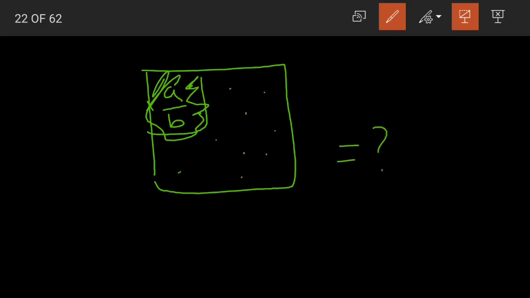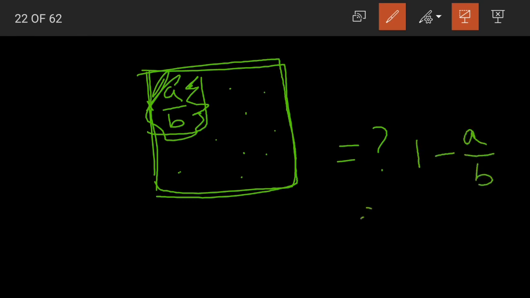So how will we find out the portion of the wall that is unpainted? Think a little. If this wall is a whole, that means it is one singular object. So, 1 minus the fraction that was painted, A by B. Understood?